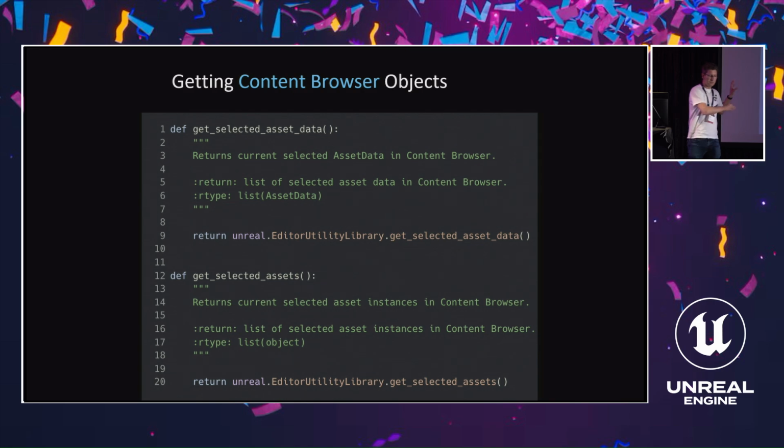The reason I want to show both of these is because sometimes when you're interacting with Unreal, it'll ask specifically for objects, and other times it'll ask specifically for asset data. And you can't necessarily always get in Python from the object to the asset data. So sometimes you have to go around to get to that final bit of data that you want to utilize to perform the actual task that you want to do.